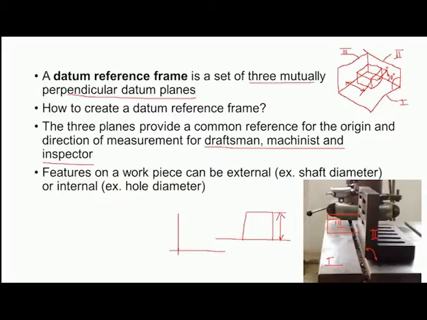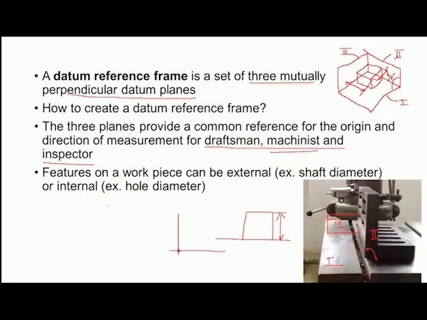With this reference he gives all the dimensions. Also during the manufacturing in the machine shop, the operator will use the same reference point and he will measure all the dimensions or give the cuts. And similarly during inspection the same reference frame is used by the inspector.